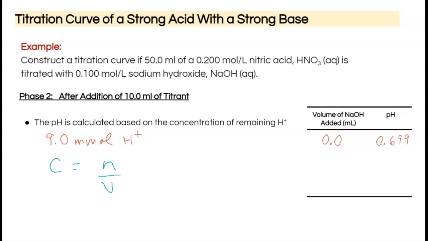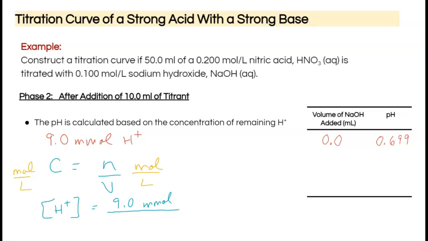I want my units to match: concentration is measured in moles per liter, and here I have moles divided by liters, so that will work out nicely. The concentration I'm looking for is the concentration of hydrogen ions in solution, and I have 9.0 millimoles. In what volume of solution?